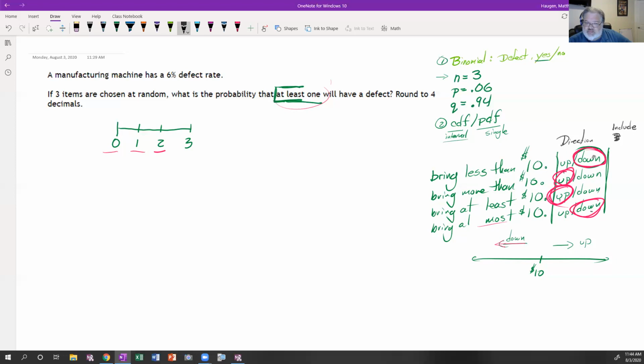Fair? So when we say bring less than $10, is bringing $10 okay? Nope, because $10 is not less than $10. But if we look at the other down, bring at most $10, is the $10 okay there?